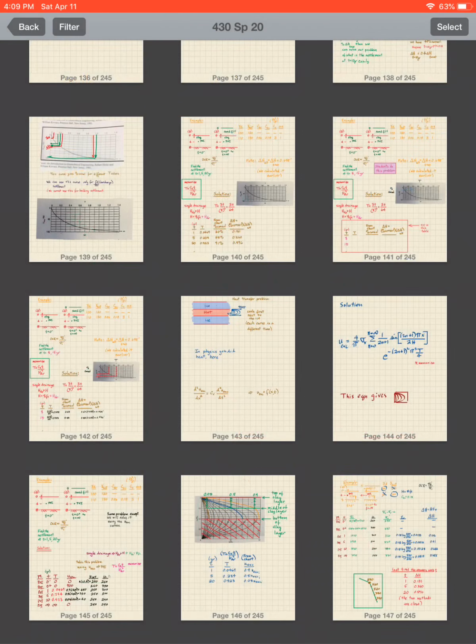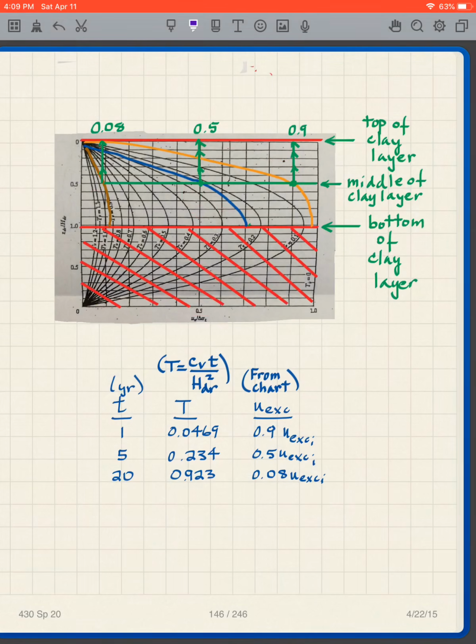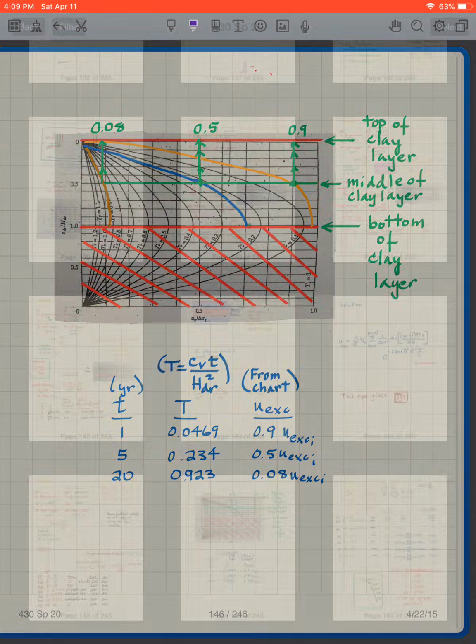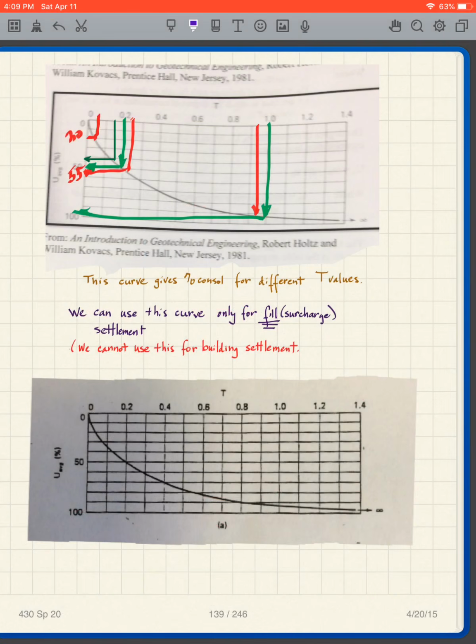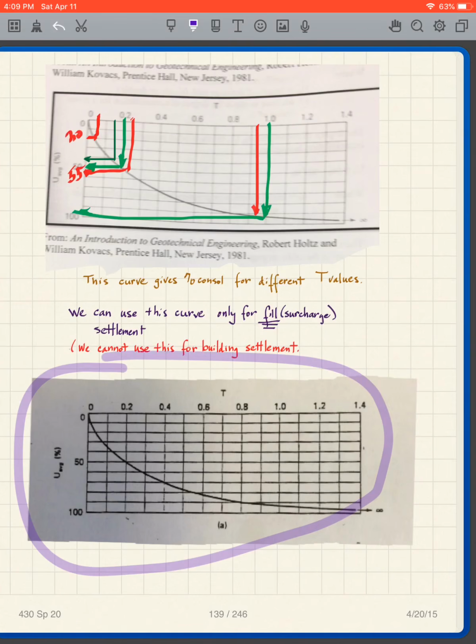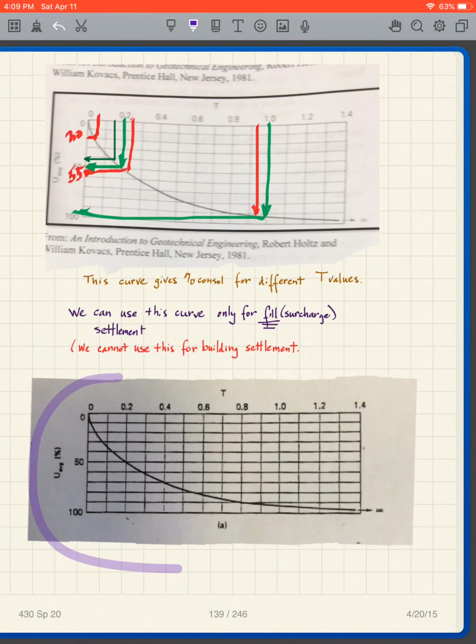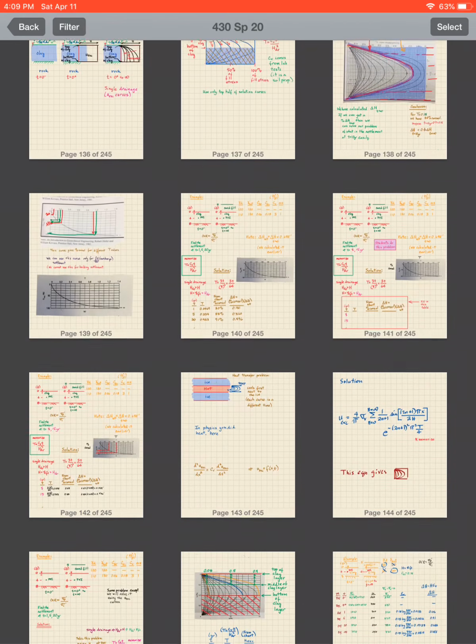In other words, we are going to be using these curves most of the time. We are not going to be using this curve very much, simply because this curve only applies in a certain specific situation.